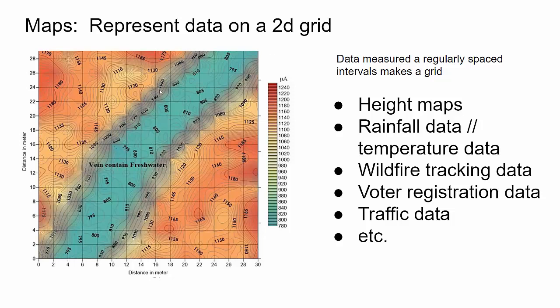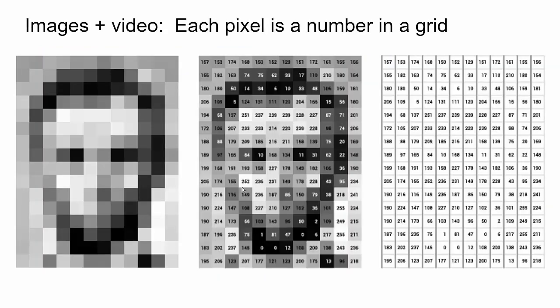So you can have like rainfall data or temperature data, wildfire tracking data, that was important for us recently, voter registration data, traffic data, all kinds of data. You'd have a grid, and at every grid location, you'd make some measurement, and you'd have a grid of numbers. And here, of course, the grid is being rendered as a graph where you can see colors and all kinds of other things. But all of the information that's letting you make the colors here is really just a grid of numbers.